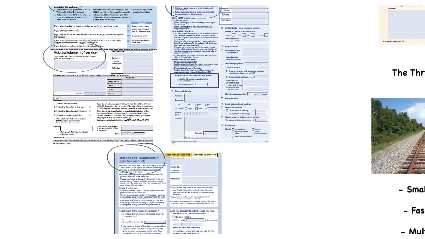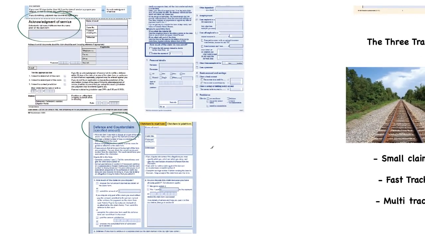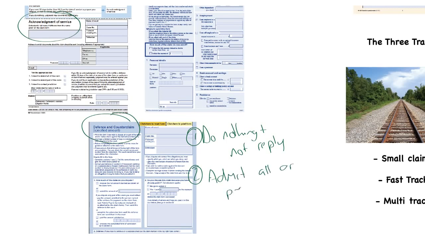Now that means that the defendant can do one of 3 things. The defendant can either do nothing and not reply. Can ignore it. Not a brilliant strategy, I have to say. Or the defendant can admit all or part of the claim.